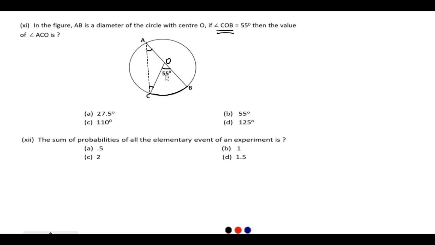It will be half of the angle subtended at the center. Then it will be equal to 55 by 2, 27.5 degree.